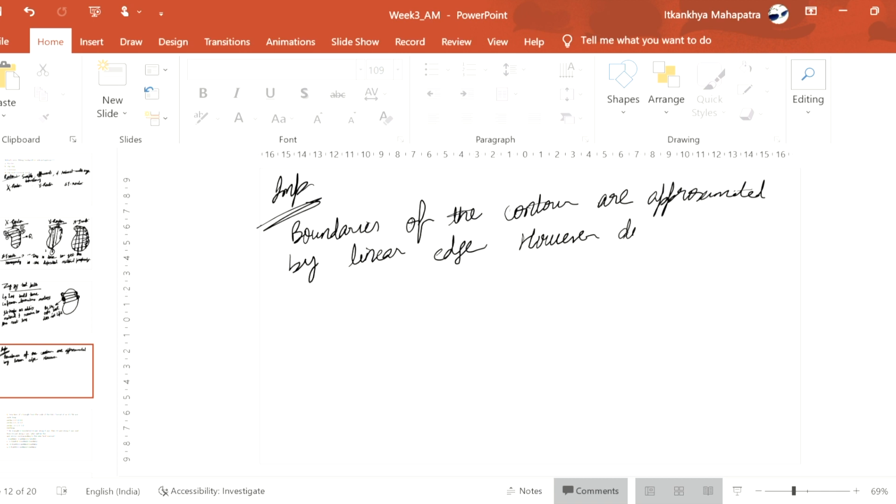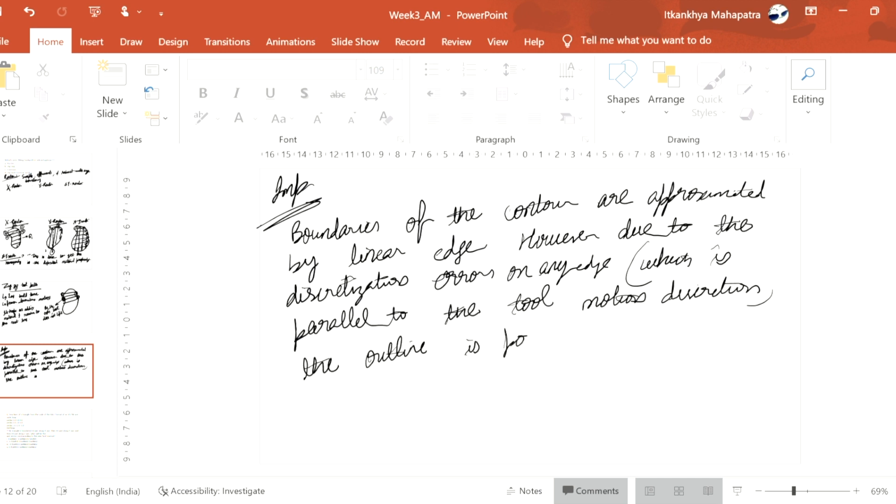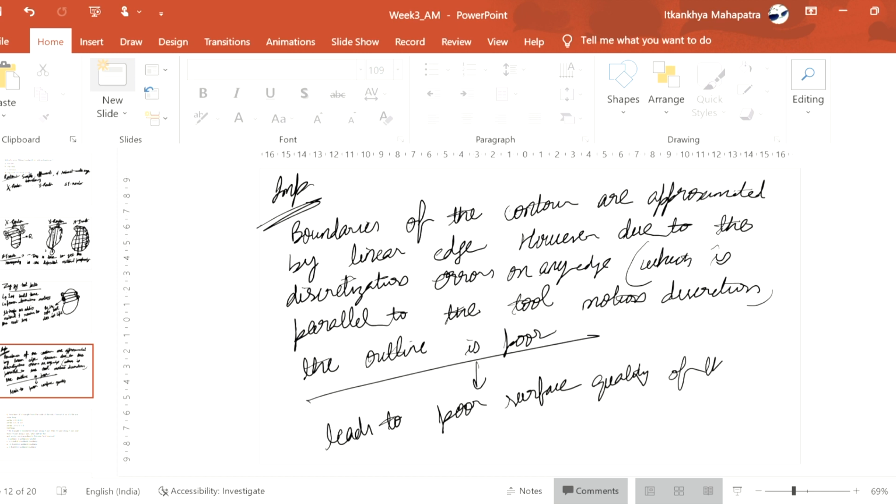However, due to discretization errors on any edge which is not parallel to the tool motion, the outline is poor and leads to poor surface quality of the printed part.